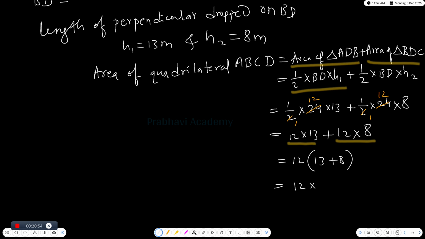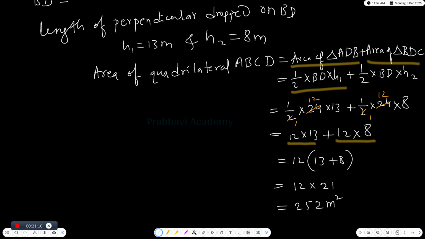13 plus 8 is 21 and 21 into 12. 21 into 12 is 252 meter square.